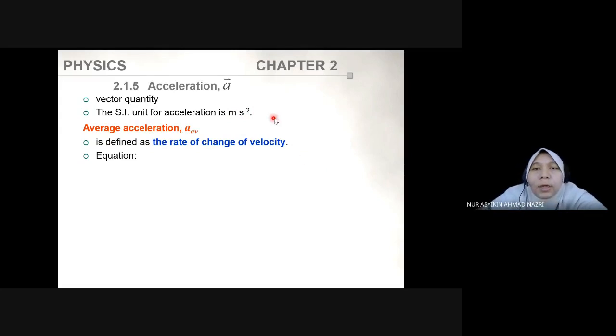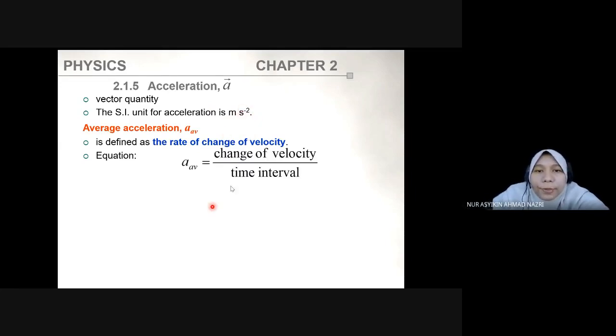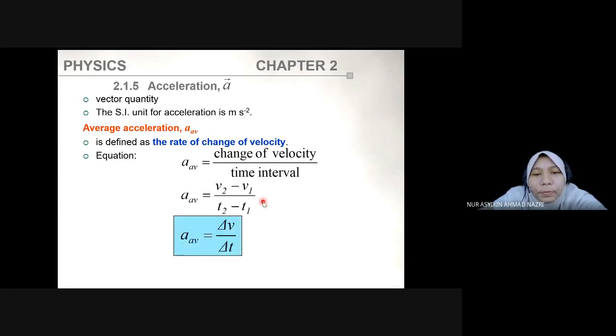So velocity is the rate of change of distance. Acceleration, rate of change of velocity. So ada dua masa yang kita bahagikan. So for the average, we'll use change of velocity over time intervals, where we can write the equation in this form: delta V over delta T.